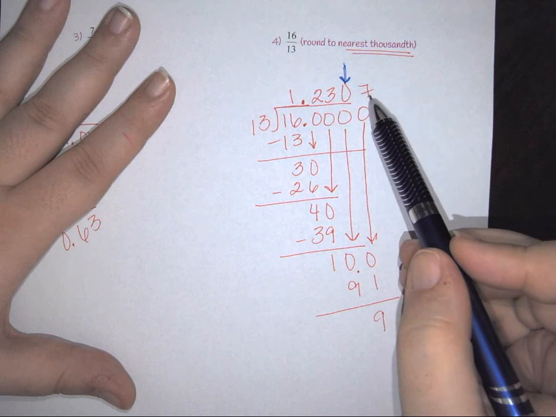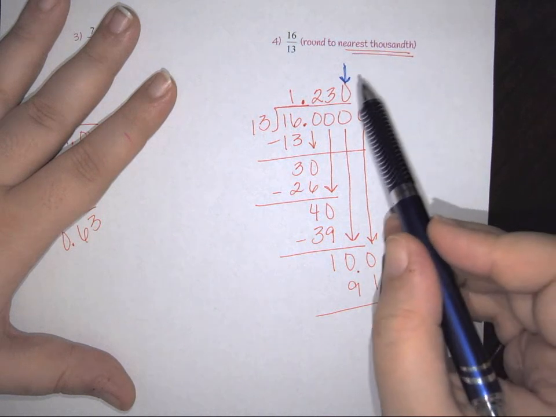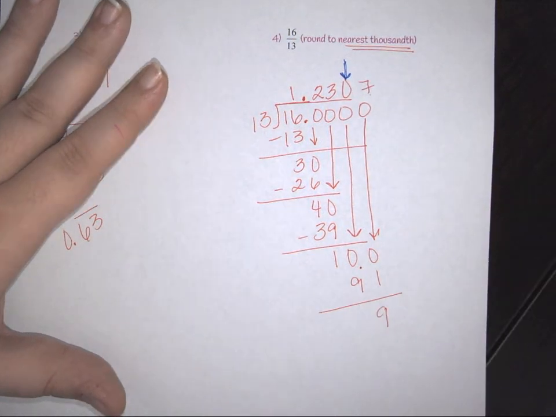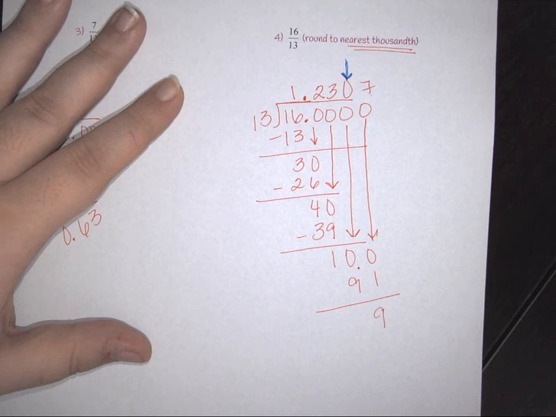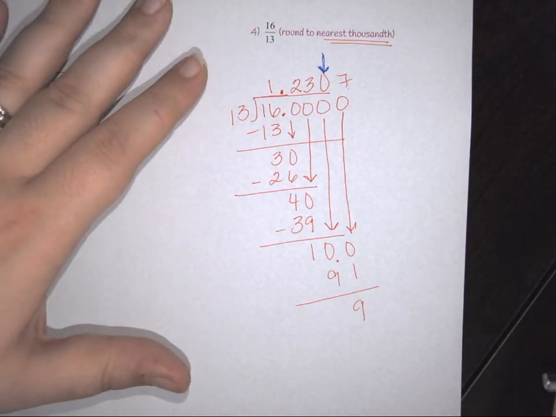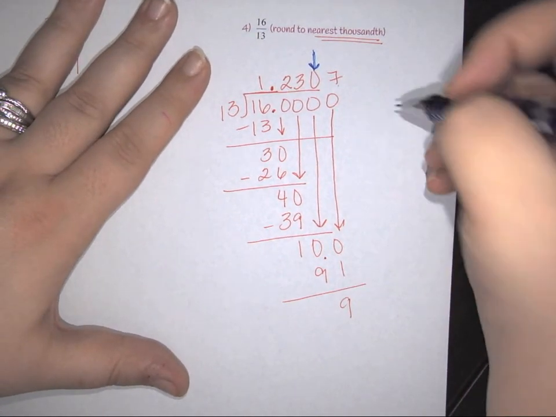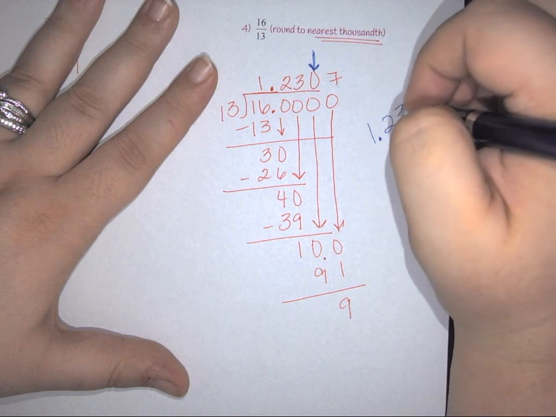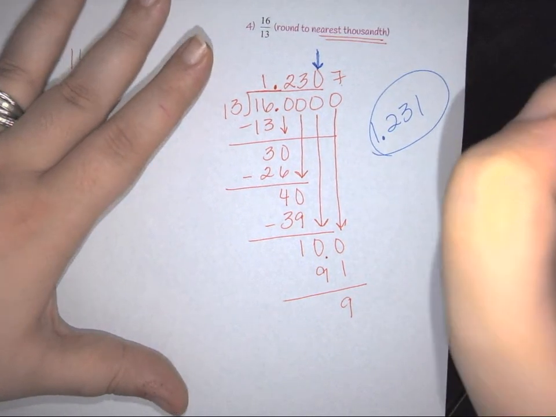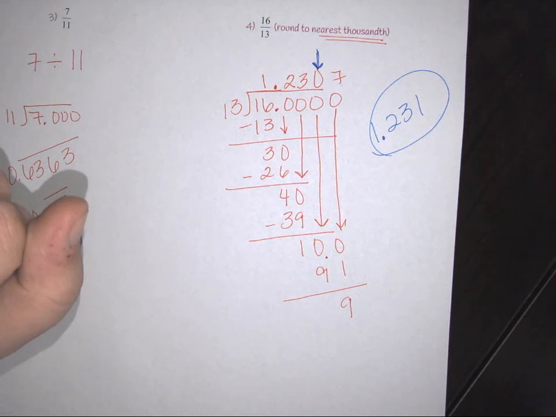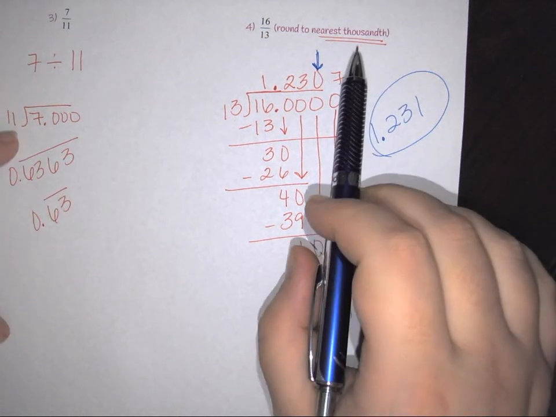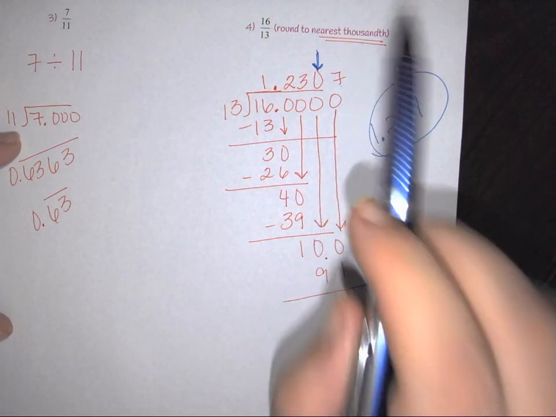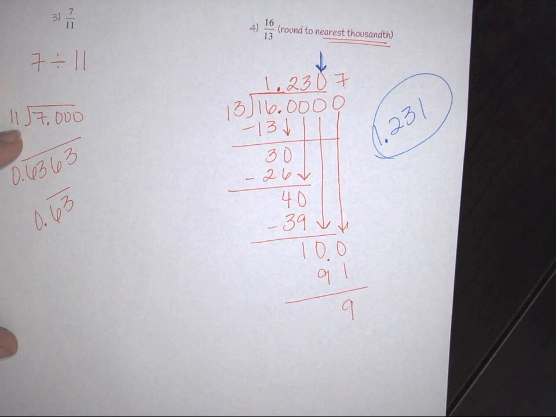So to round it says I need to look at the spot next to it. Because the 7 is greater than 5, it means we would round up. So the actual decimal that we're looking at here as our answer would be 1.231. Okay, because we had to round. So you need to make sure that you are paying attention to whatever rounding decimals you have been given.